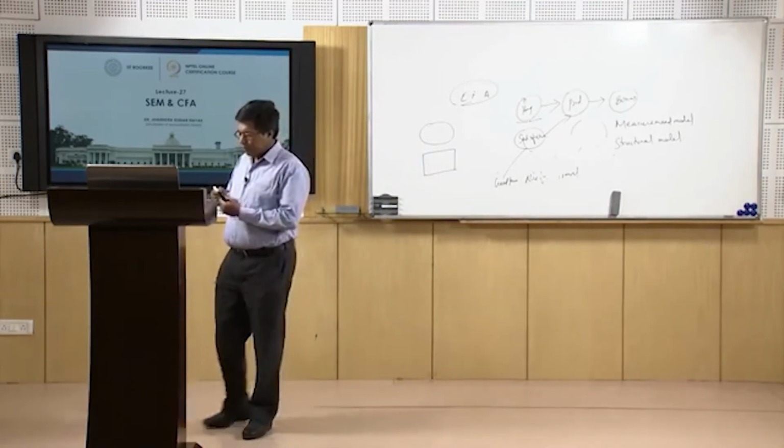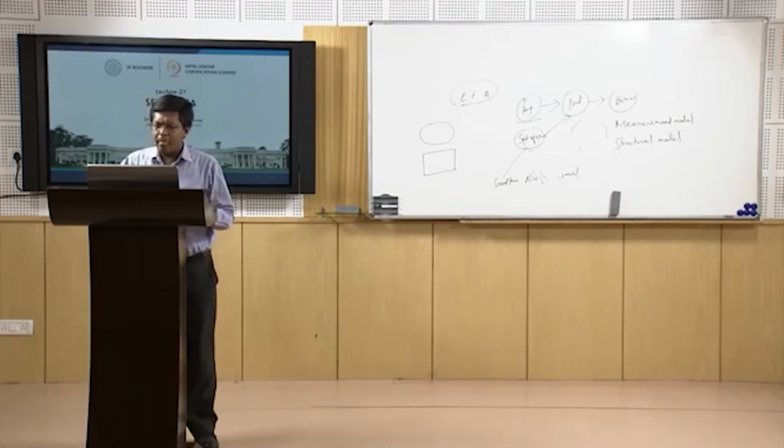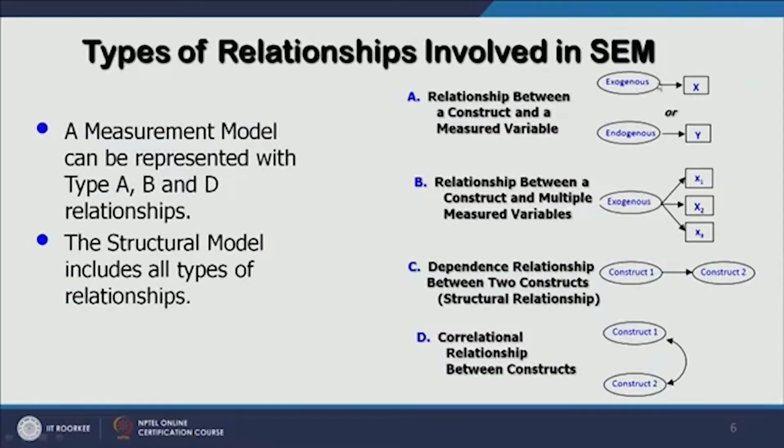So when I am saying that a construct is affecting the variable, right, a relationship between a construct and a measured variable. This is a case of an exogenous or independent, or this is a case of a dependent. Okay. Another case is a relationship between a construct and multiple measured variables.